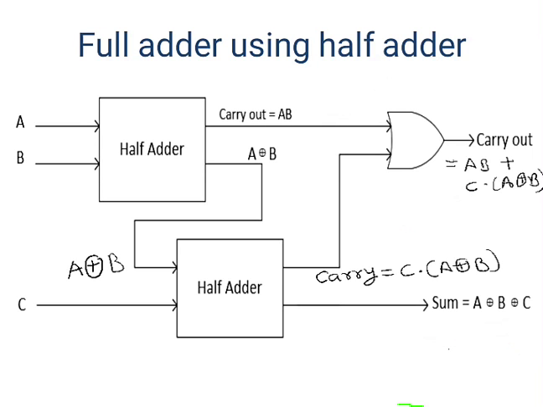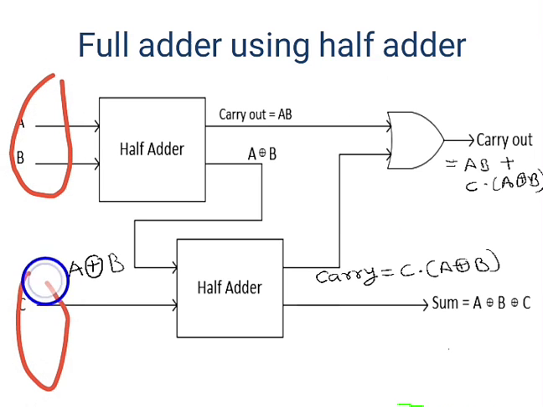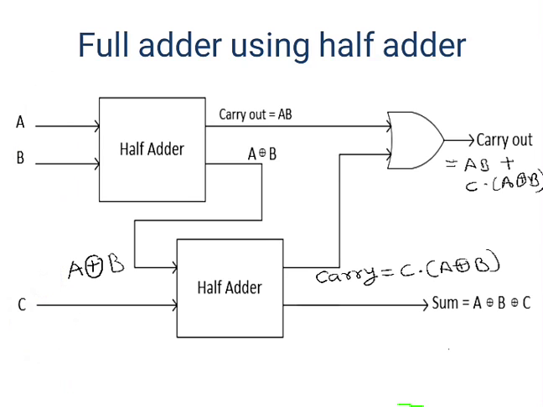So how are you going to remember this full adder using half adders? Take two half adders, then to one half adder give two inputs, to the second half adder give another input, and give the sum of the first half adder to the second half adder input.